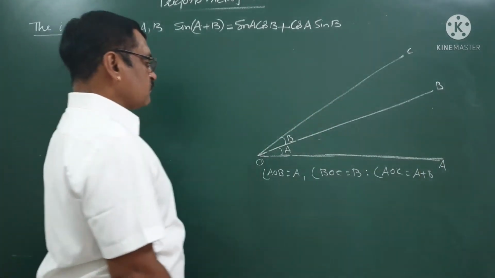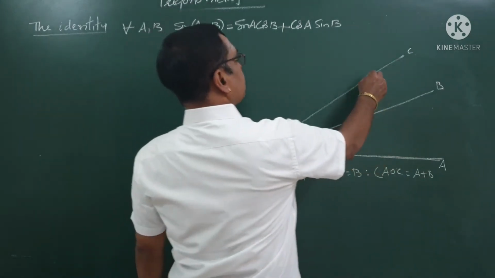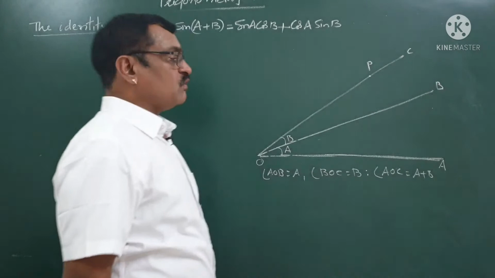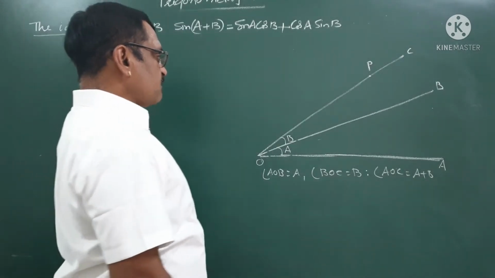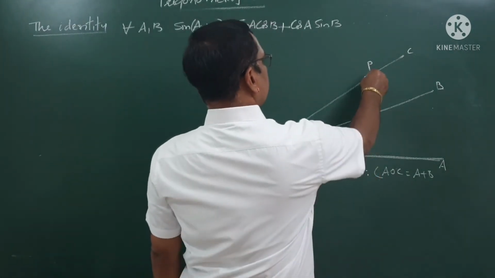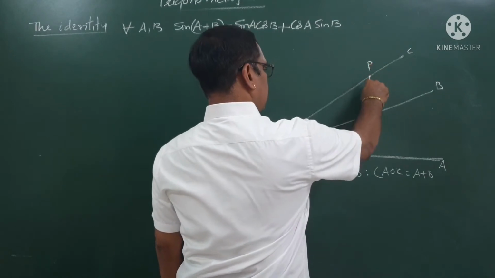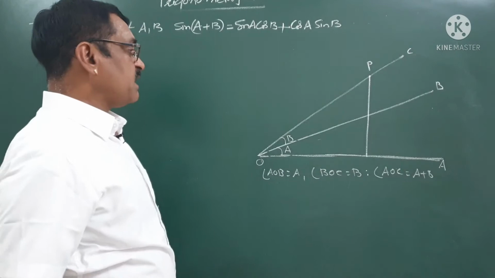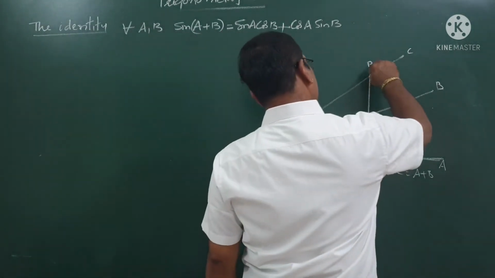Okay. Now, let P be any point on OC. From point P, first draw perpendicular lines to OA, then OB.